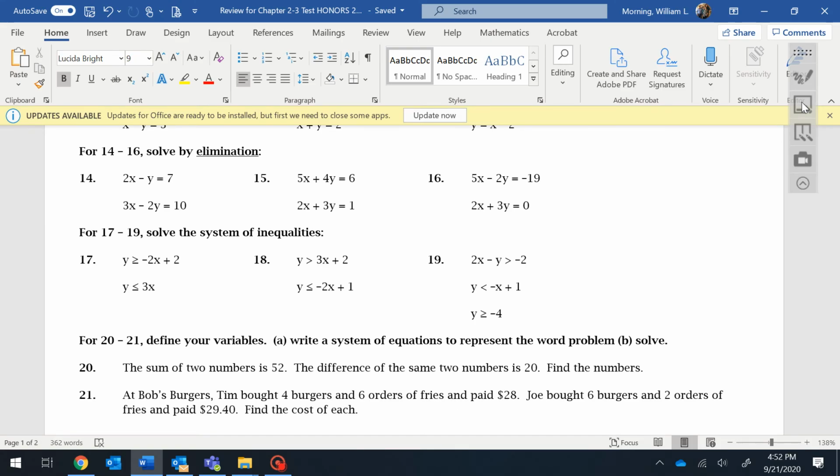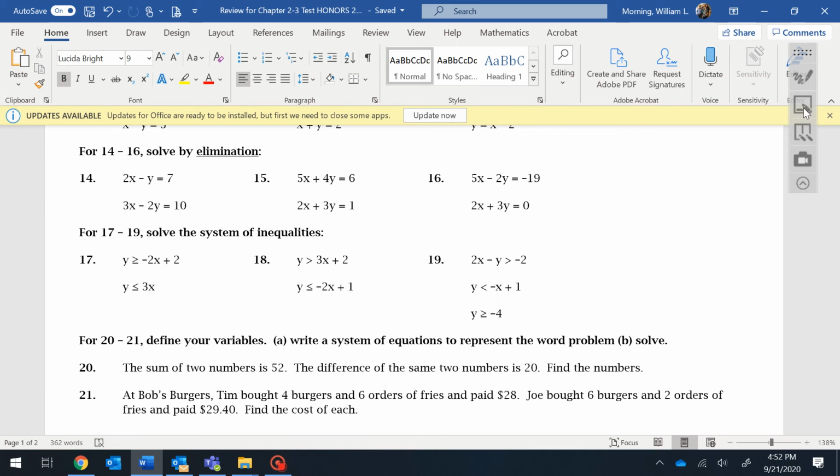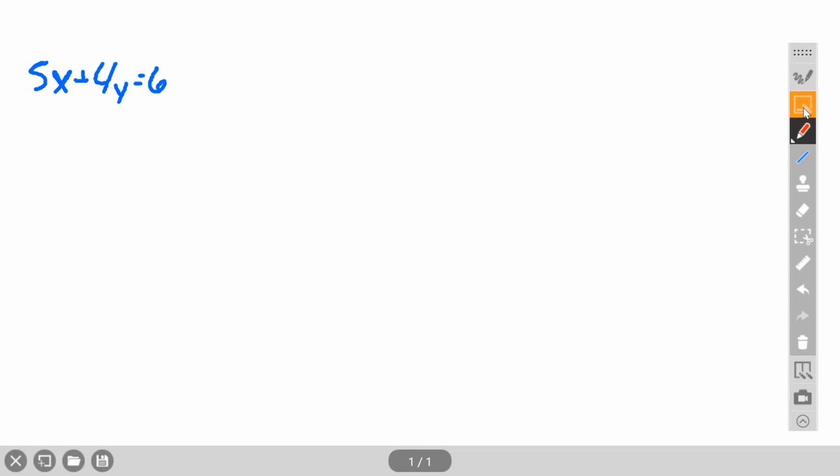Number 15. 5x plus 4y equals 6. And then my second equation, 2x plus 3y equals 1. Both of these equations are going to need to be changed for this to work. So I'm going to get rid of the x's, and I can do that by turning these both into 10 and negative 10. So I'll multiply the first equation by negative 2, and I'll multiply the second equation by 5.